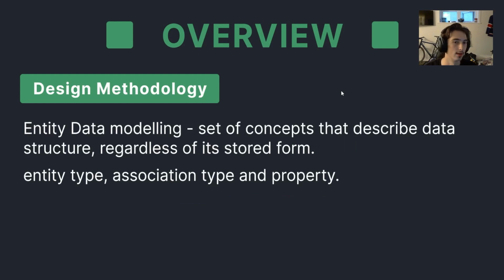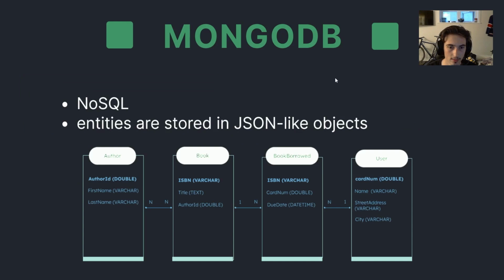Our design and methodology for the backend is entity data modeling. It talks about the structure of the data rather than how it associates with each other. It's pretty self-explanatory. I'll get into that a little bit more later.